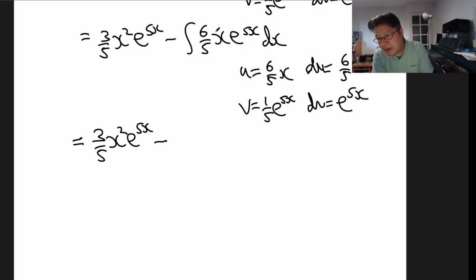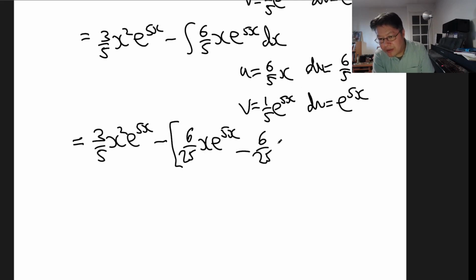This is where we're going to do the by parts. We should put a big square bracket and do the by parts within it. So it should be uv, that's here. So that's 6/25 x e to the 5x minus the integral of this diagonal, which is 6/25 e to the 5x.